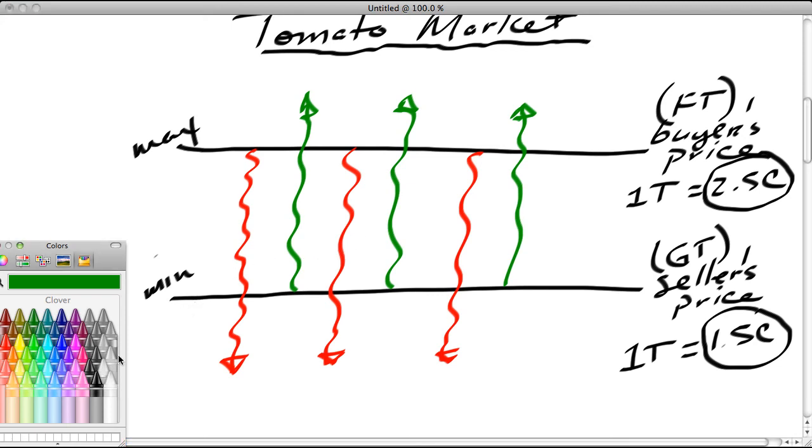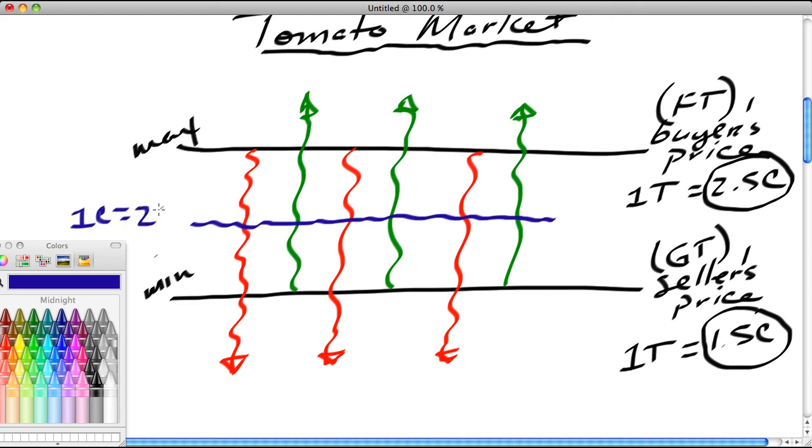And I'm just going to pick an obvious one. Let's talk about 1 tomato equals 2 corn.